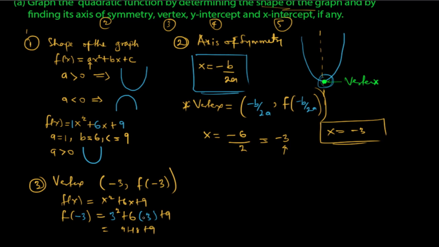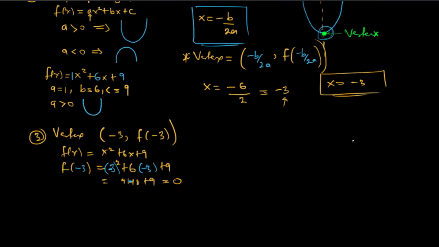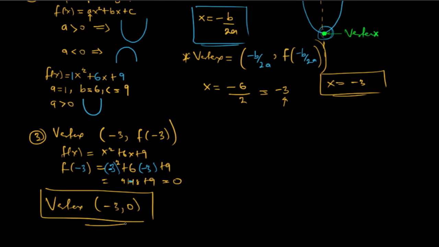Okay, this is negative 3 here, this is negative 3 squared, so I should have kept my negative 3 here. So the negative affects all of them here. Sorry for that. And this is going to give us 0. So therefore the vertex is negative 3 and then f of negative 3, which is 0. So now we have our vertex.